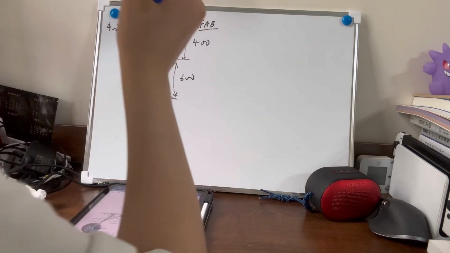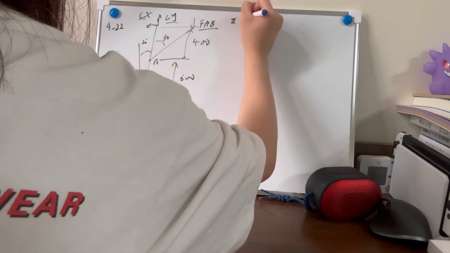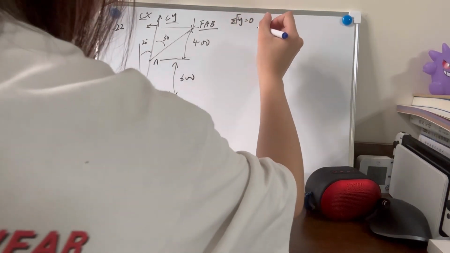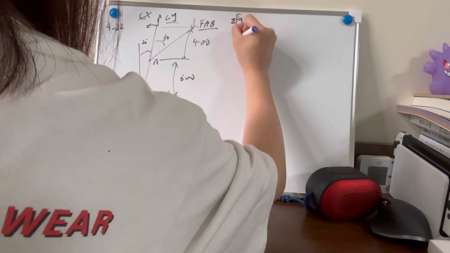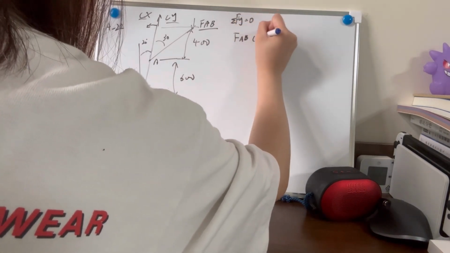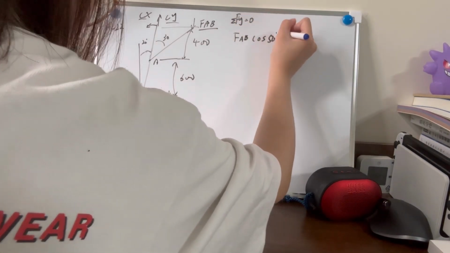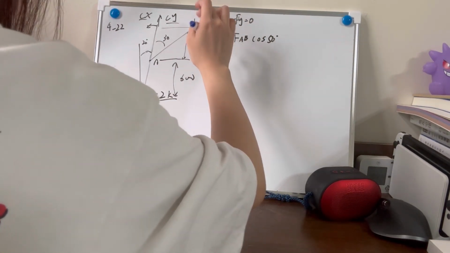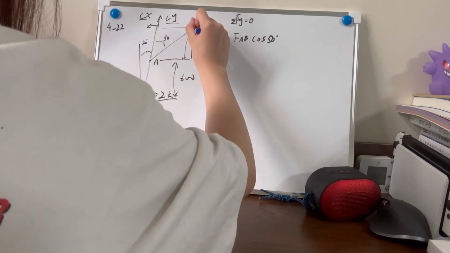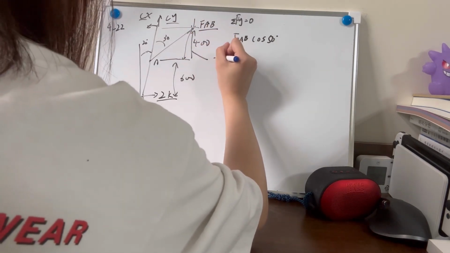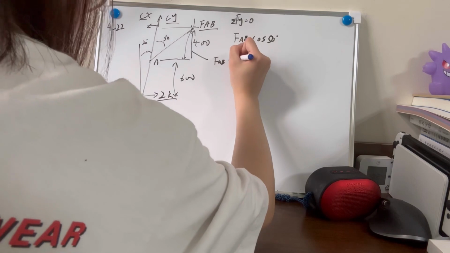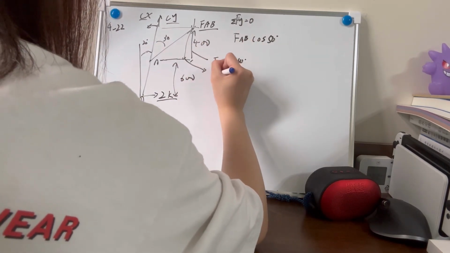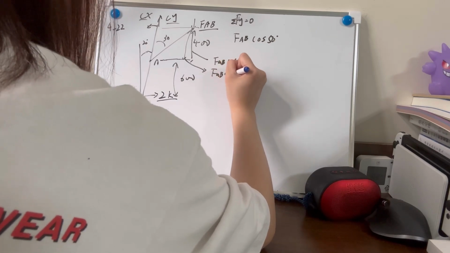So it's equilibrium, and the Fy equals 0, and this force FAB cosine 50, because this force is FAB cosine 50, and this force here is FAB sine 50.